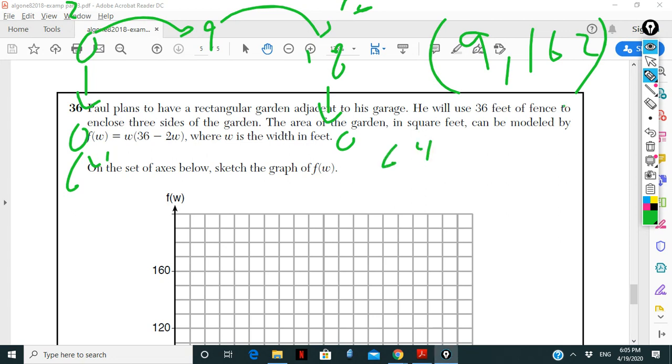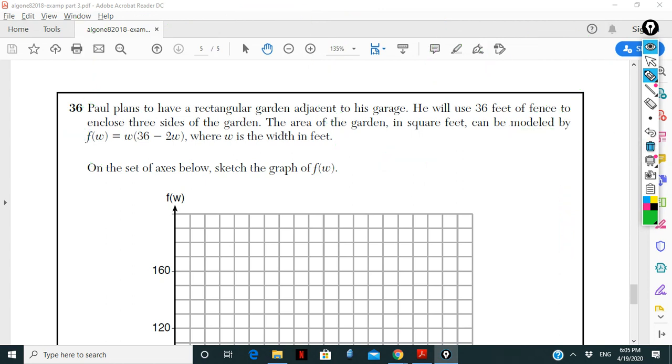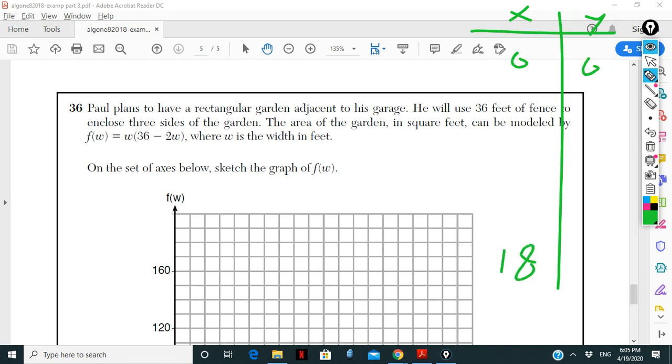So I got points now. Here is X, here is Y: 0, 0; 18, 0; 9, 162; 2 and 64; 16 and 64.